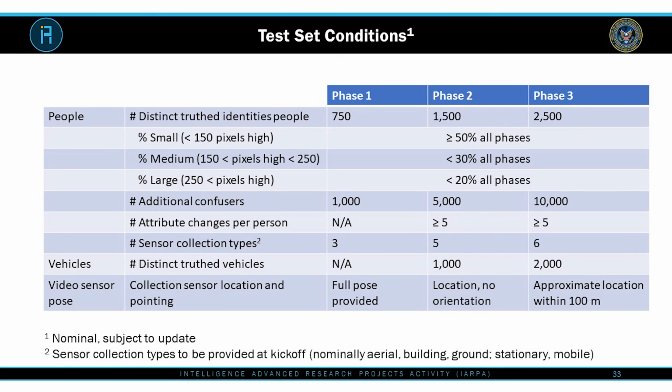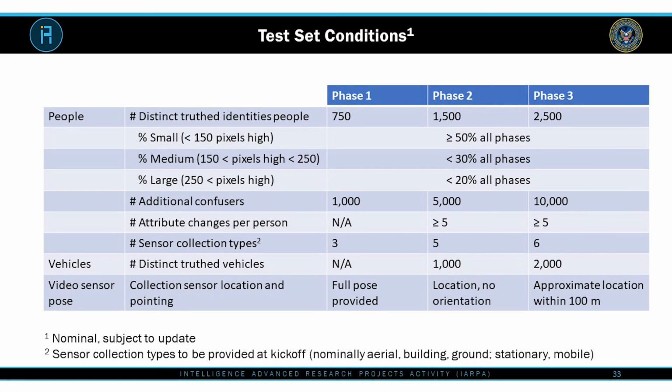The number of potential confusers that are present in the imagery will also increase throughout the phases. And once those temporary attributes are allowed to change, as we're looking at temporally distanced data, there will be a minimum number of those attribute changes per person throughout the phases.